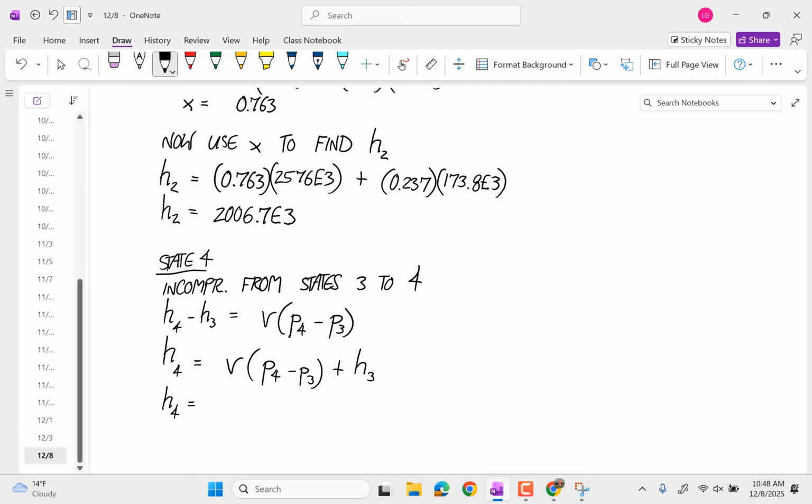But how would you look up a better value for little v? You just find it off the properties. So it's incompressible. All that matters is the temperature for that specific volume when you're dealing with incompressible materials.